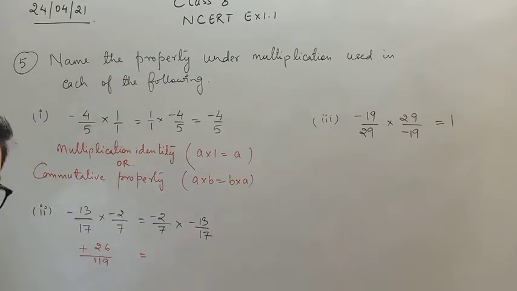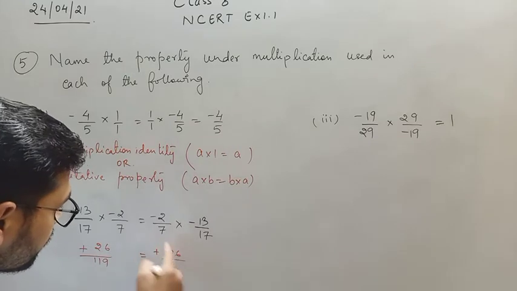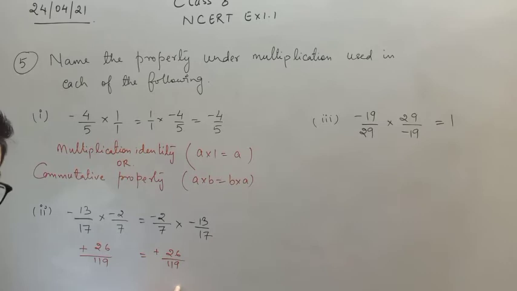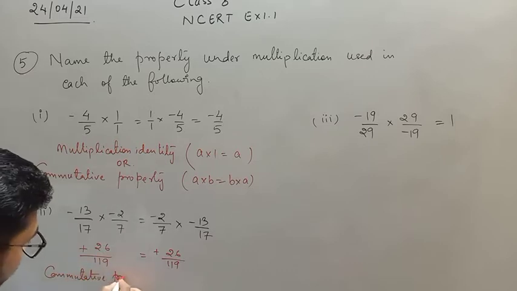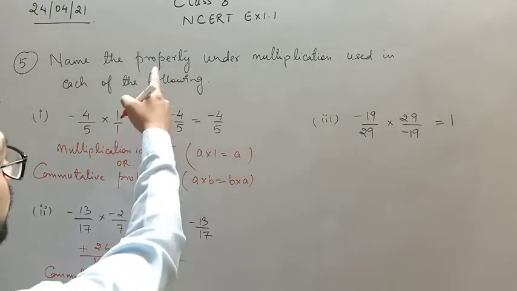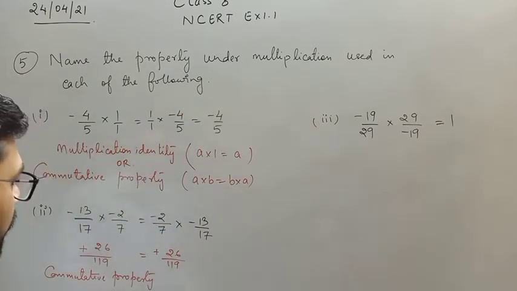What the value I'll get in RHS, minus minus plus, 13 twos are 26, 7 sevens are 49 and 11. LHS equals to RHS, right? So I can say commutative property, commutative property of multiplication, because these all are the examples of multiplication. Okay, so commutative property of multiplication, right?